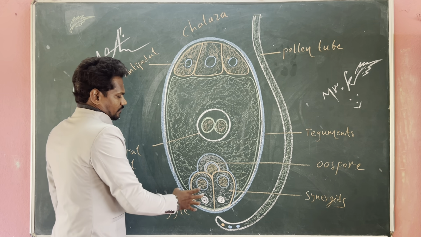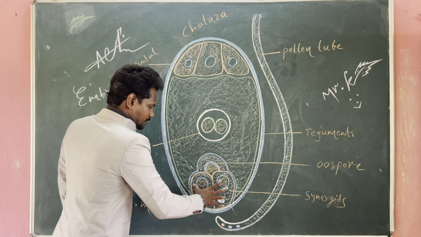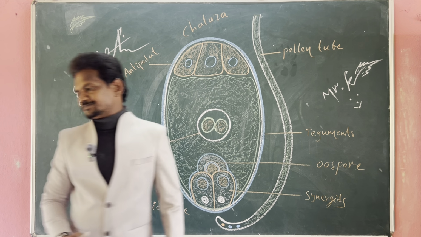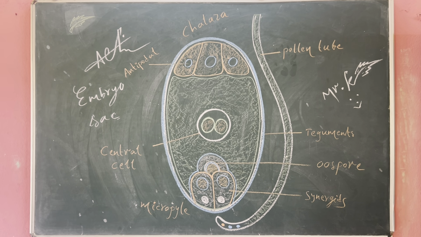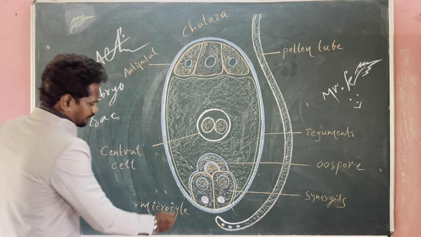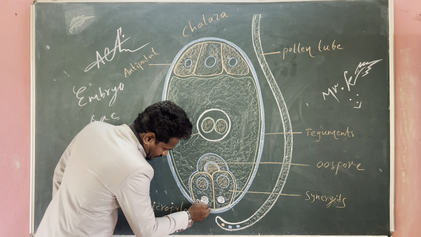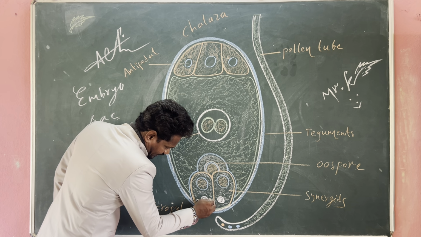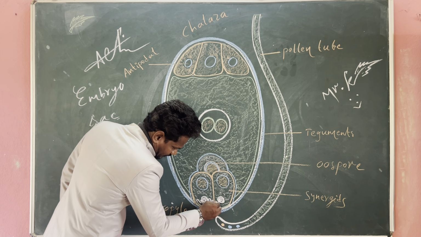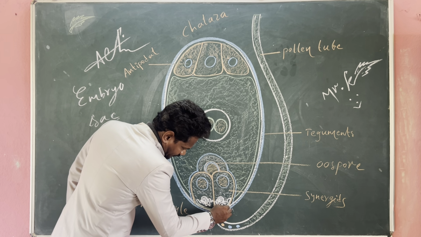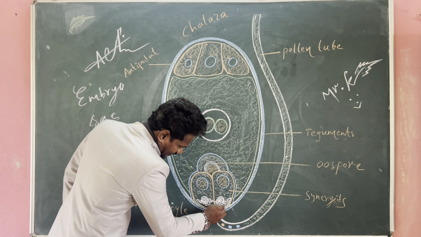And the special structure we have to discuss here: in each synergid cell, finger-like protrusions are found. These finger-like protrusions are called the filiform apparatus.